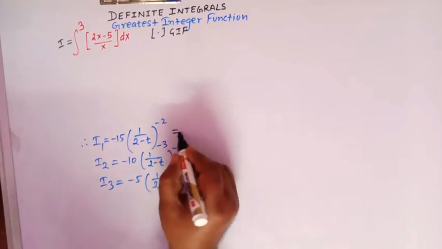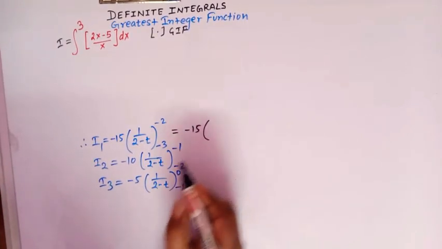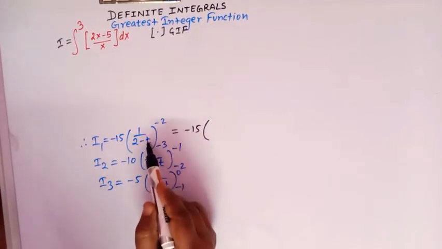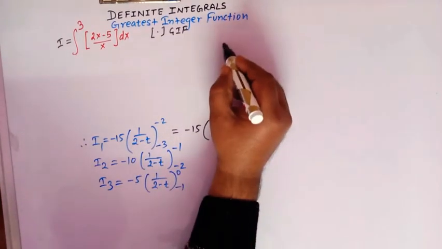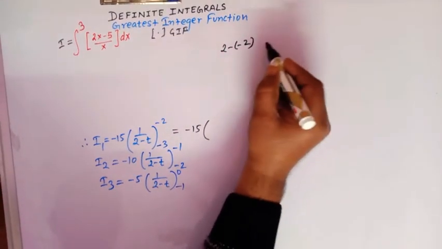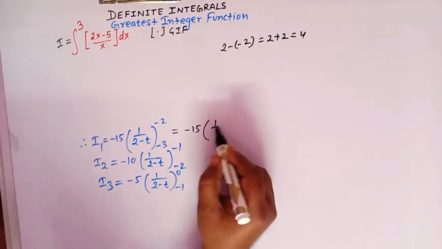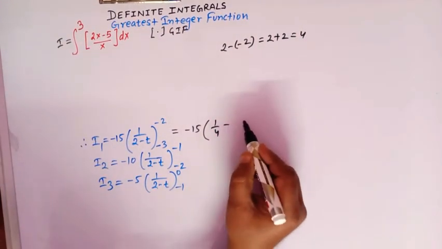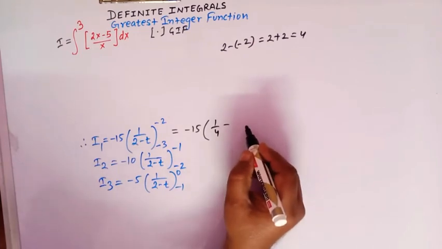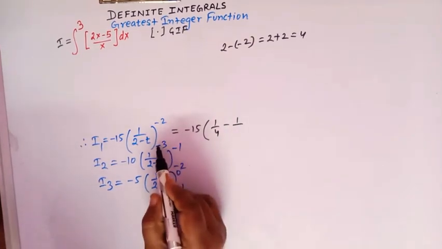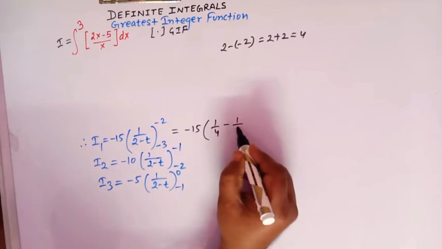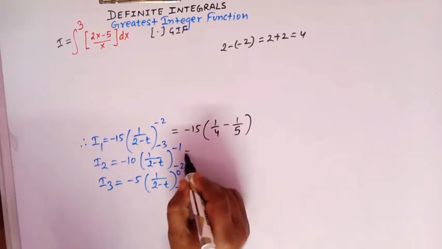Here we have minus 15, and when we take minus 2, this becomes 2 minus (minus 2), that is 2 plus 2, 4, so we have 1 over 4, then minus 1 over 5, since for minus 3 we get 5.